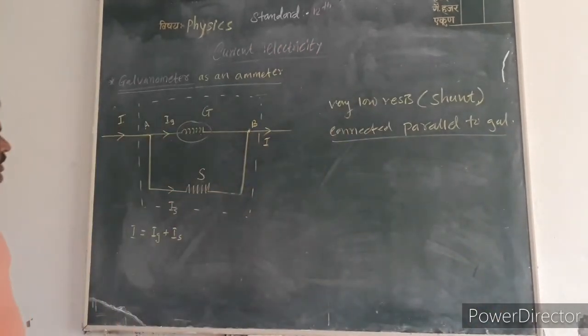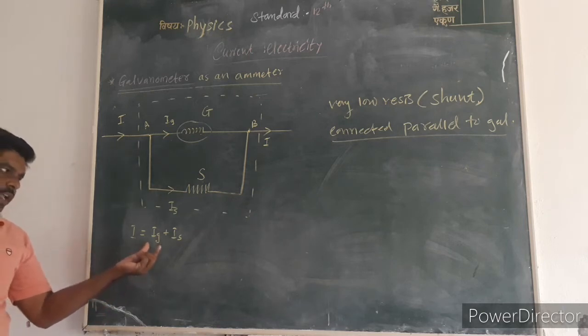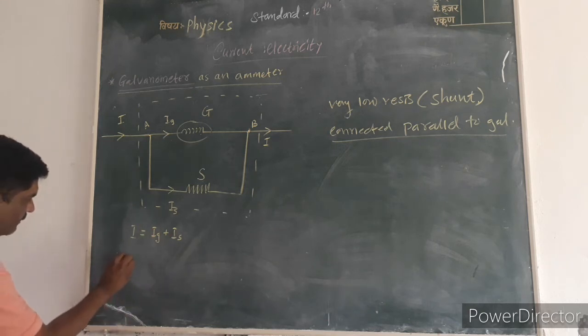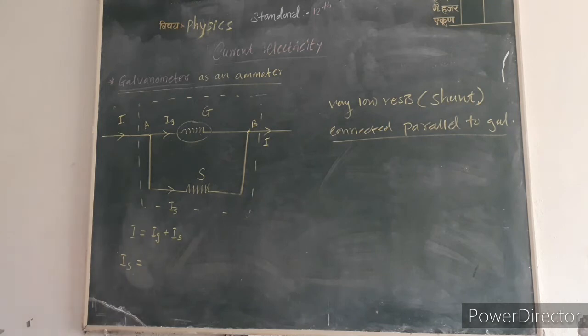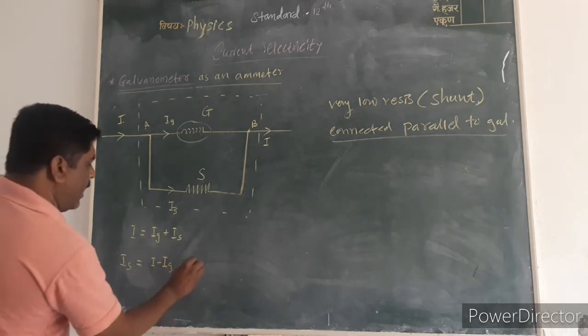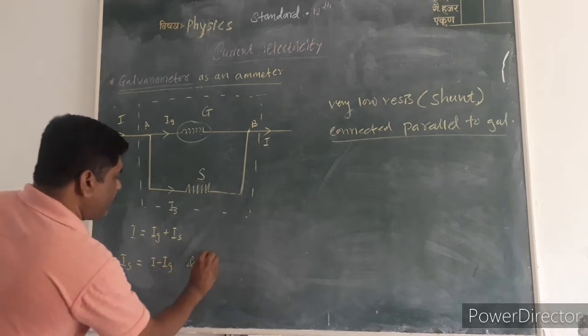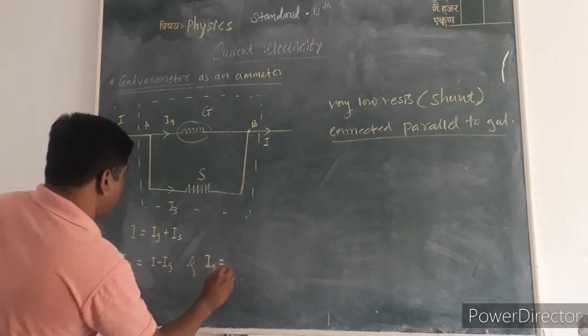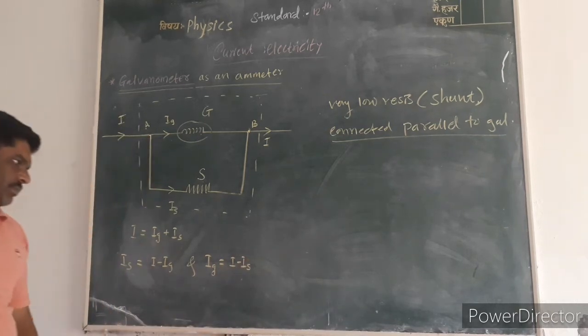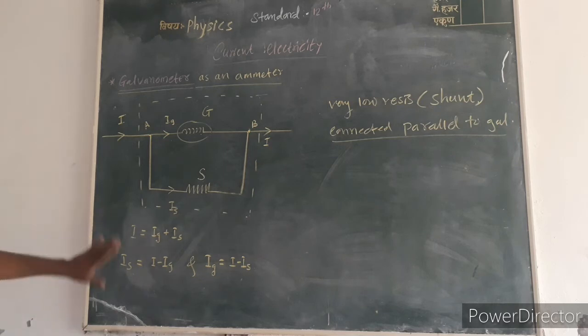In figure, the total current I is equal to Ig plus Is. Therefore, we find out value of Is. Is is equal to I minus Ig, and Ig is equal to I minus Is, where I is the total current in this circuit.